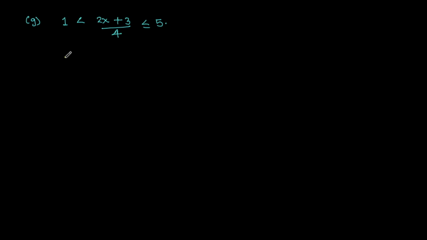So as usual, we're going to split this into simpler parts where we have 1 is less than (2x plus 3) over 4, and (2x plus 3) over 4 is less than or equals 5.